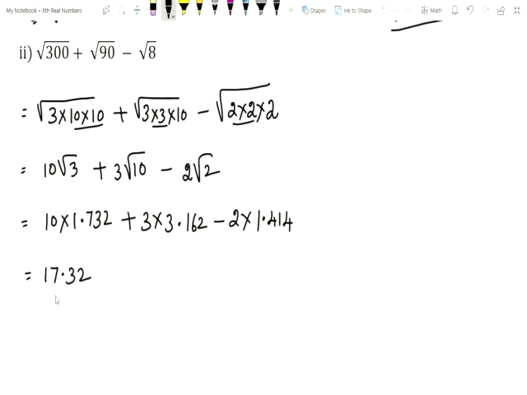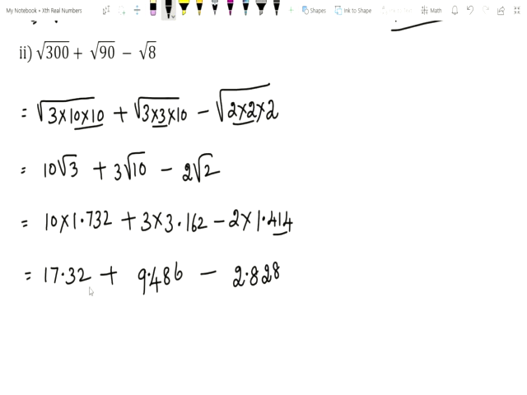While multiplying with 10, what you will get? 17.32. Plus multiply with 3. 3 2s are 6. 3 6s are 18, 8 remaining 1. 3 1s are 3, 3 plus 1, 4. 3 3s are 9. Okay, now here 3 decimals are there, just you keep it here. 9.486. Minus 2 4s are 8, 2 1s are 2, 2 4s are 8, 2 1s are 2. Here 3 decimals are there, just you keep it here.